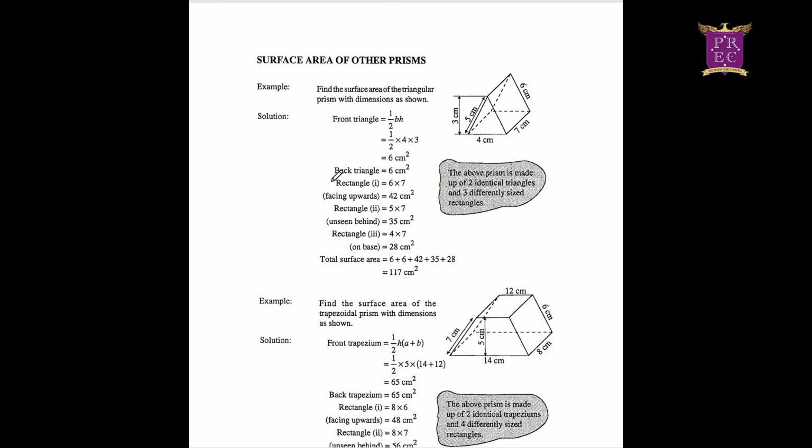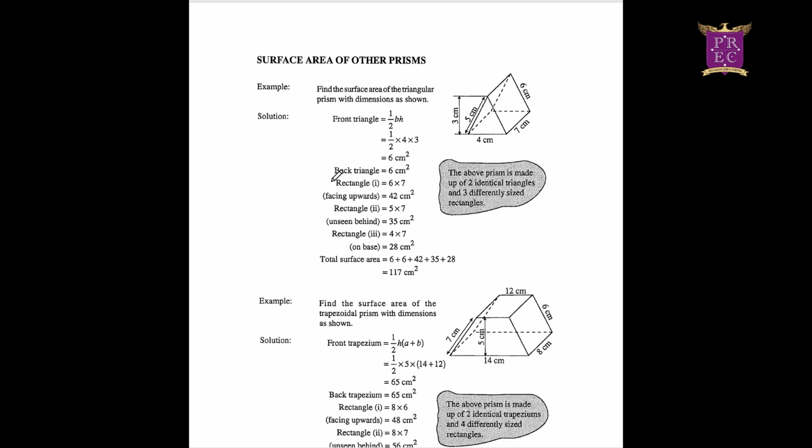To find the surface area of this triangular prism, we find the surface area of the triangle at the front, which is 4 times 3 divided by 2, which is 6. So we times it by 2 to get the back triangle as well.